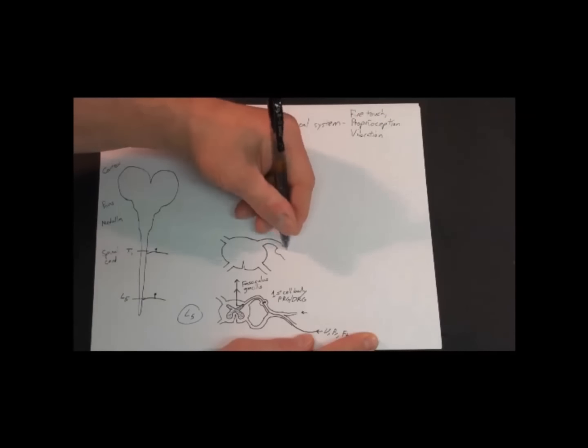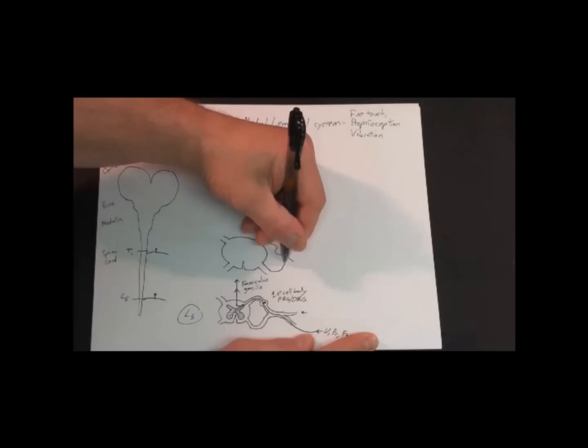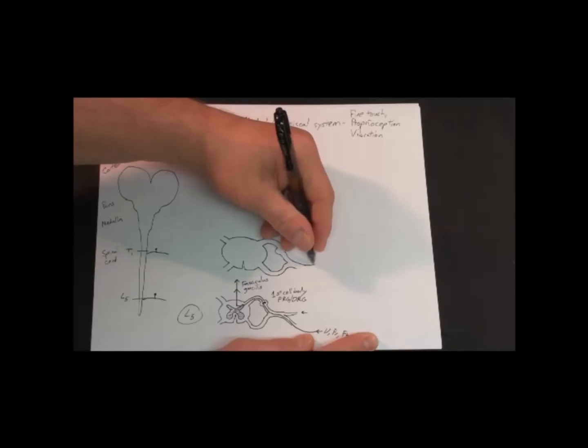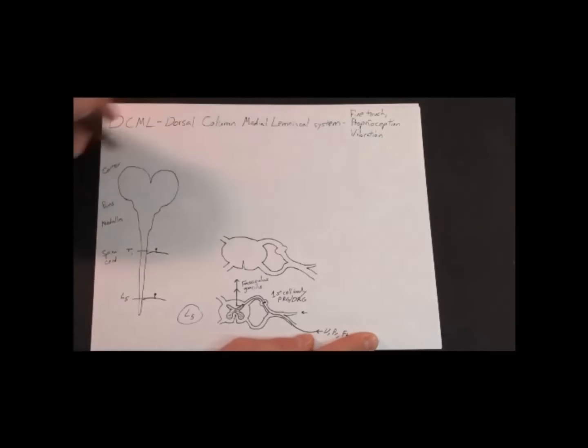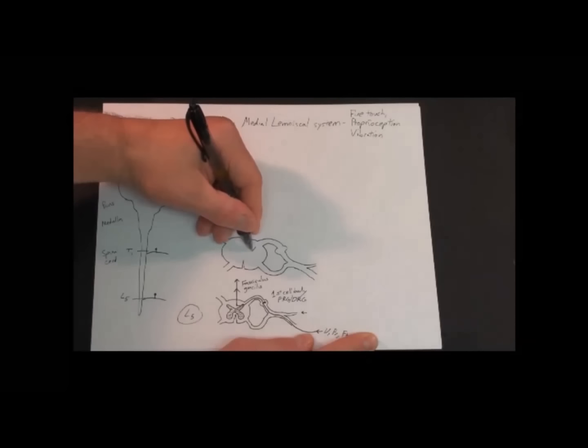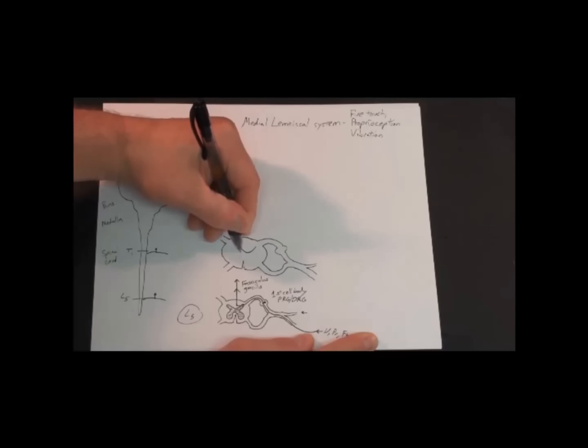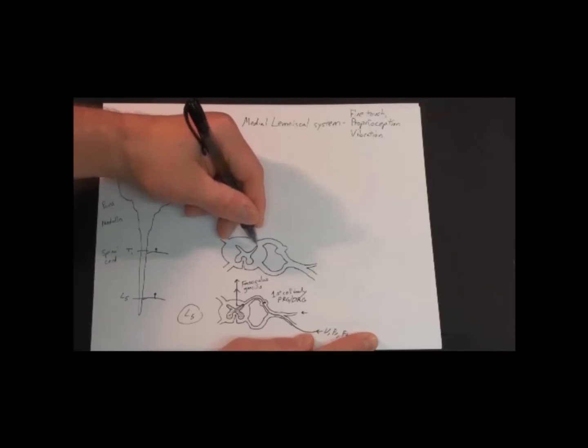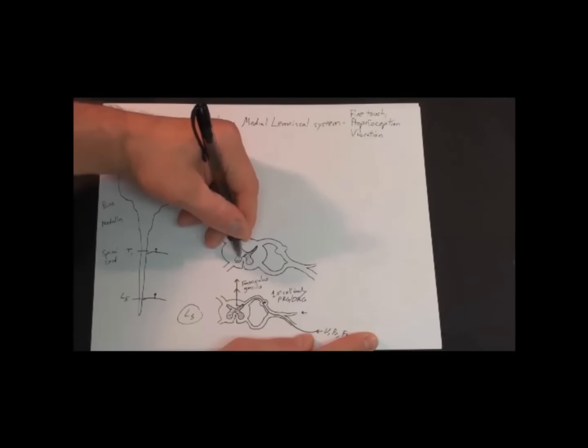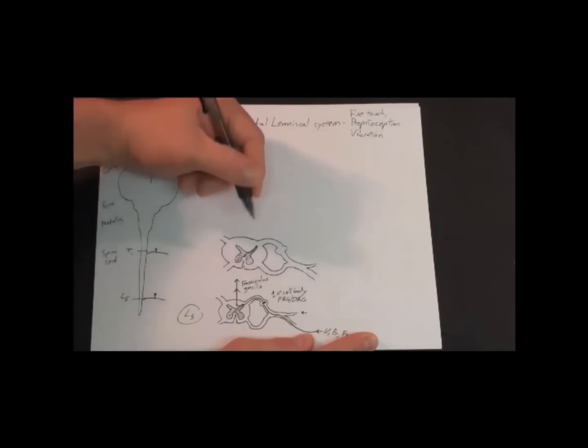Posterior root ganglion, posterior root, anterior root, spinal nerve, posterior ramus, anterior ramus, etc., etc. And we've still got gray matter hanging out in the center, ventral horn and dorsal horn, the spinal cord, and a little central canal we'll draw in.